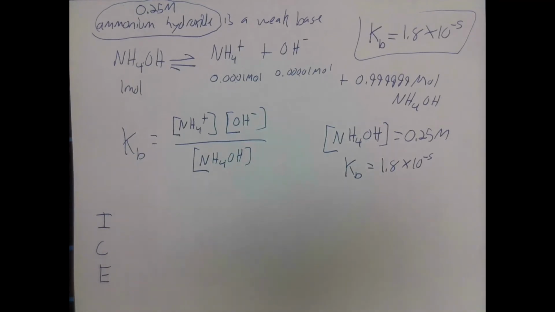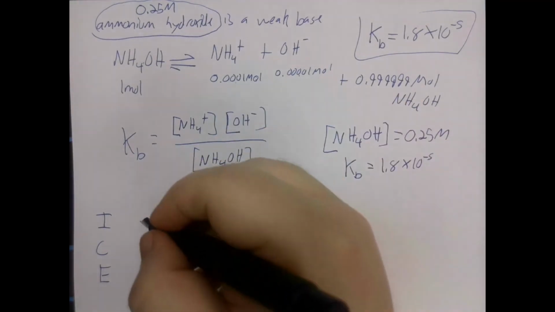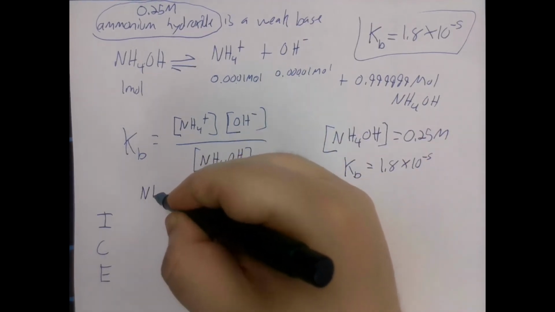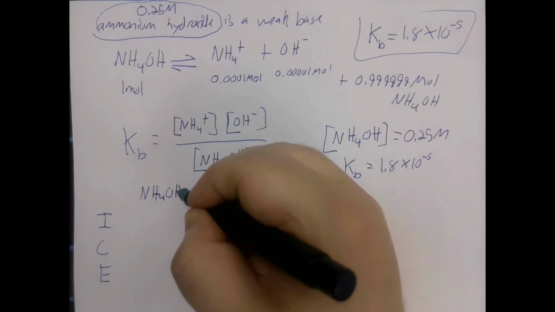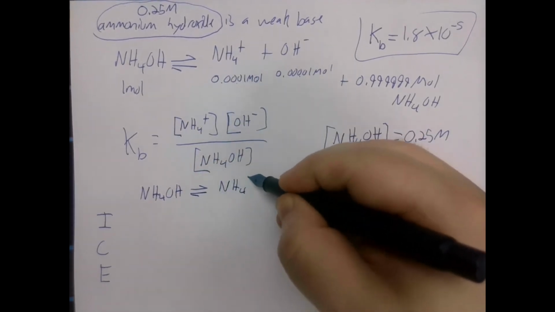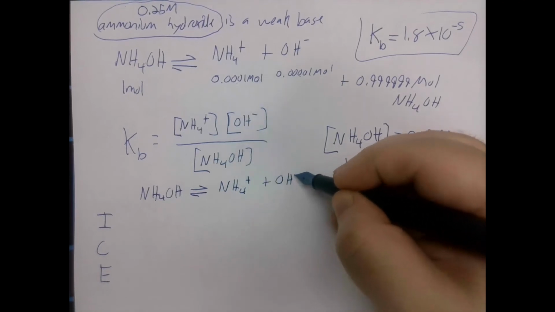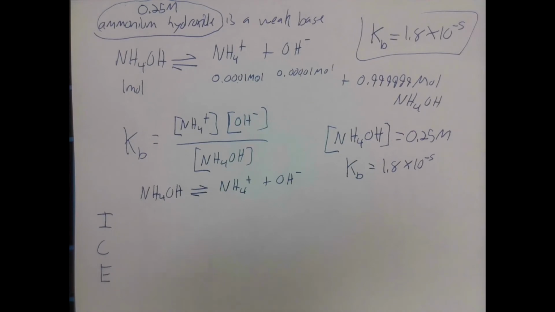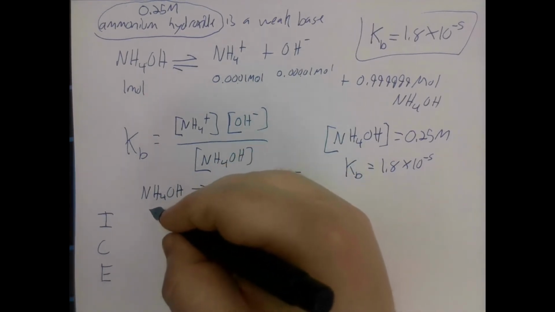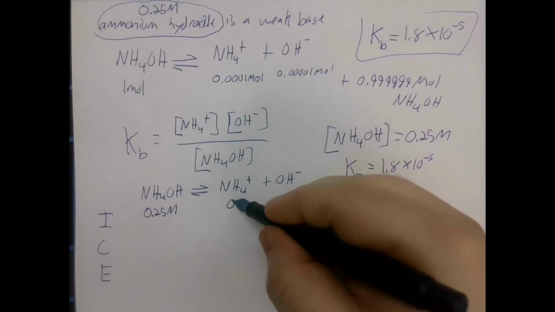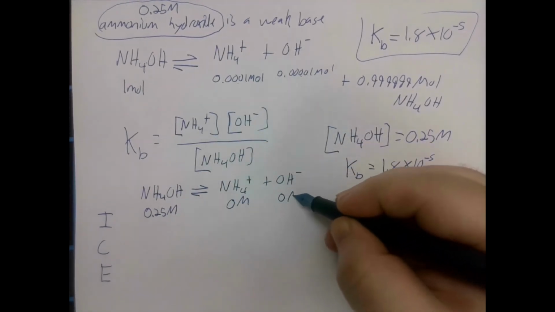NH4OH is converting partially into NH4 plus and OH negative. I'm going to assume I start out with a concentration of 0.25 molar, and none of it has converted into ions yet.